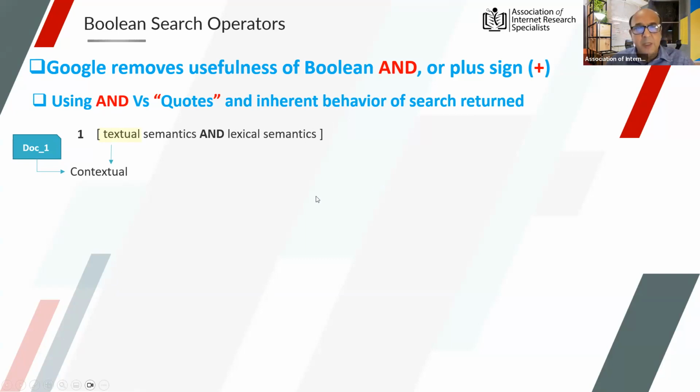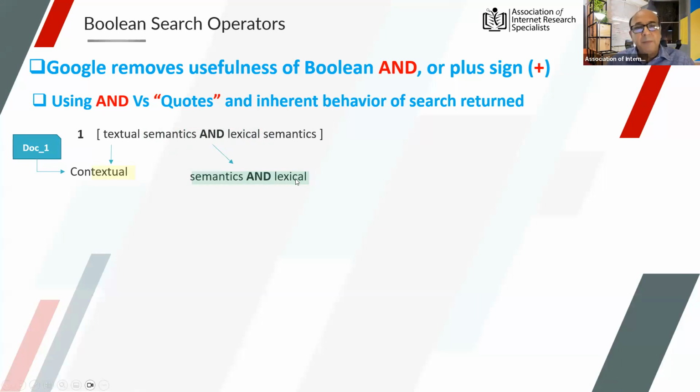But right now, I'm just giving you some of the ways search might differ in its results. So this might happen. And the next thing is that the Boolean AND will combine the words semantics and lexical together and make sure that these two words, semantics and lexical, are present.